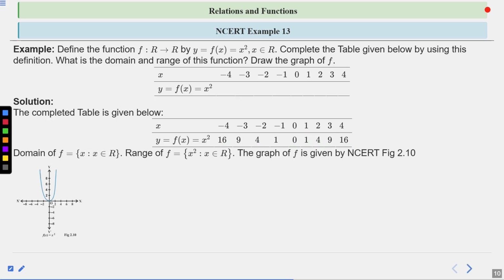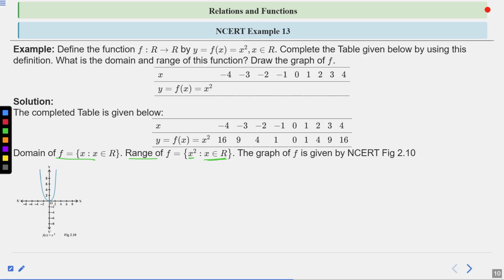Now the domain is simply the set of all reals. Now what about the range? Quite simple, the range will be the collection of all x squares such that x belongs to the set of all reals.